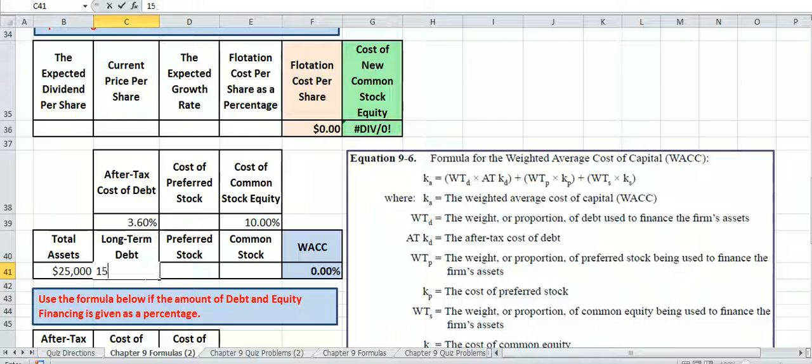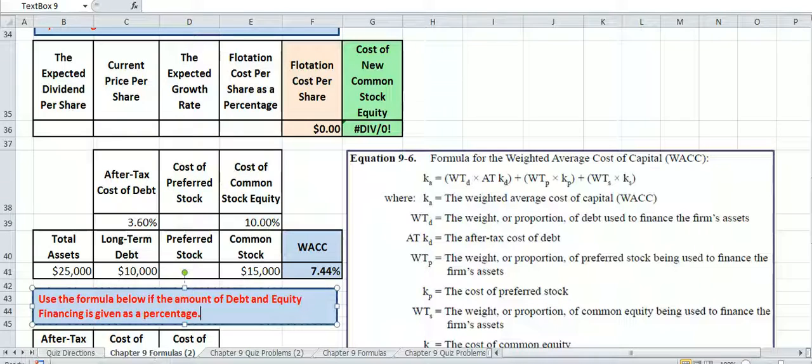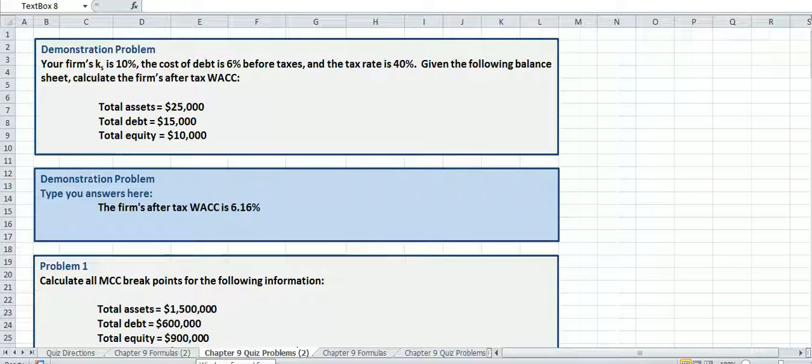Debt is 15, and our equity is 10. Let's see, that's important to get right. Okay, debt is 15, and equity is 10. And that's going to give us our weighted average cost of capital, which, since I've done this already to make sure, yeah, okay, that is correct.